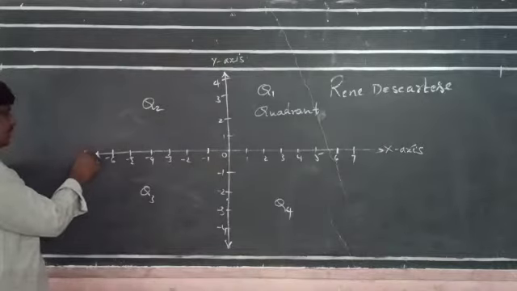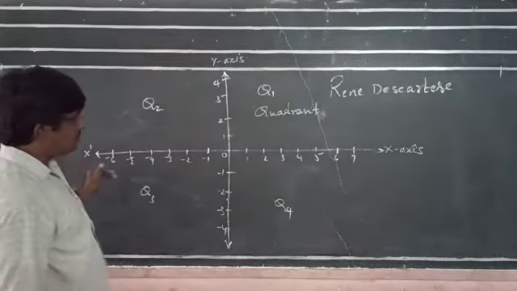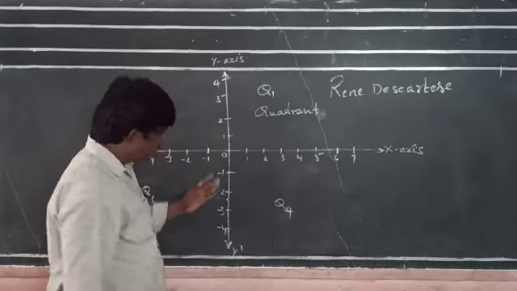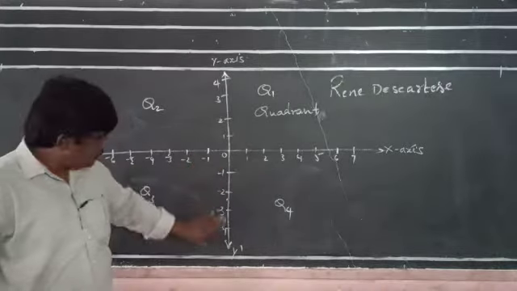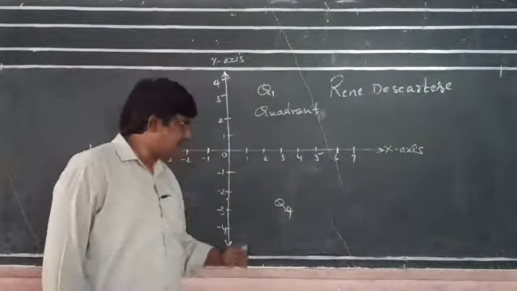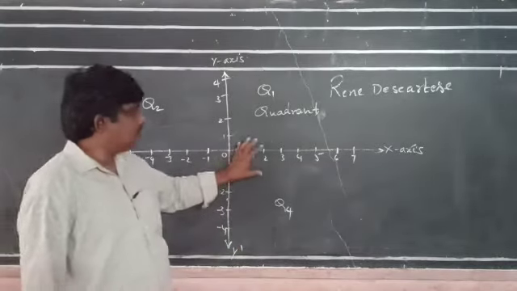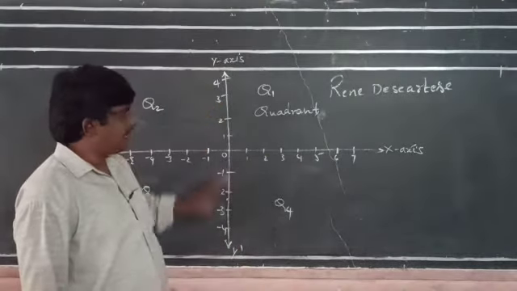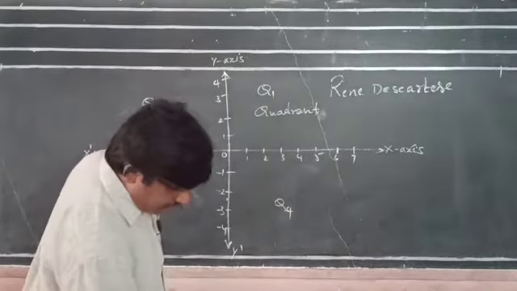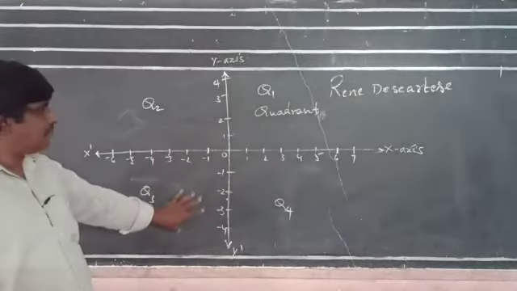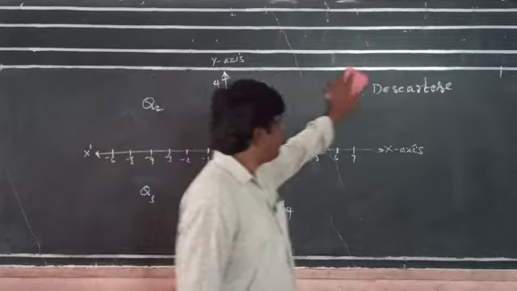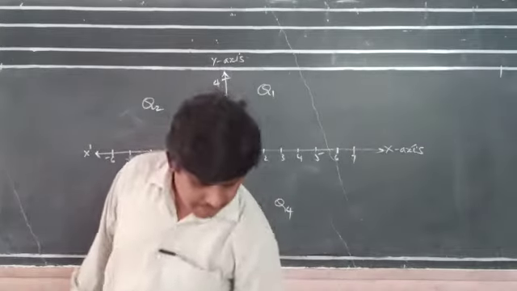The negative x-axis is nothing but x dash. Similarly, the negative y-axis is y dash. So we have the negative y-axis, negative x-axis, positive y-axis, and positive x-axis. In that way he took the x-axis as well as the y-axis. Then, using these two number lines, how did he give the address of each and every point?